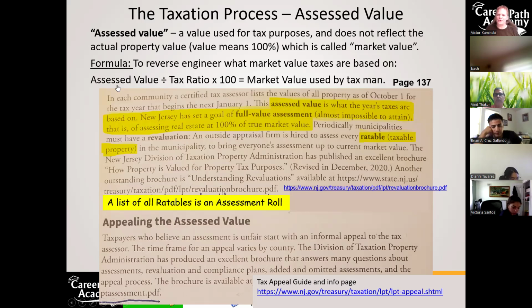The formula is used to reverse engineer the actual market value that the taxman used. The tax rate is the number they multiply by the assessed value to calculate the property taxes. So you need to know those two numbers, the ratio and the rate, if you want to figure out all of this stuff that the taxman is doing.